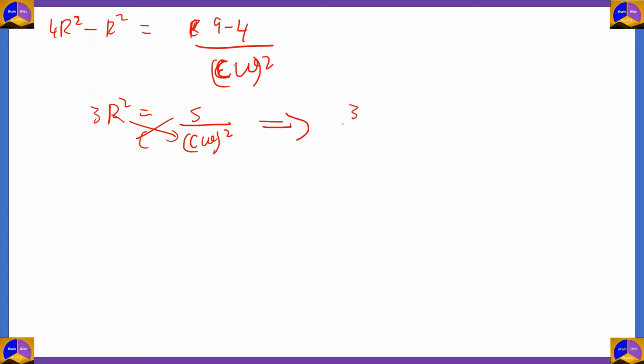So what we get is 3 by 5 equals 1 by R square into (C omega) square.